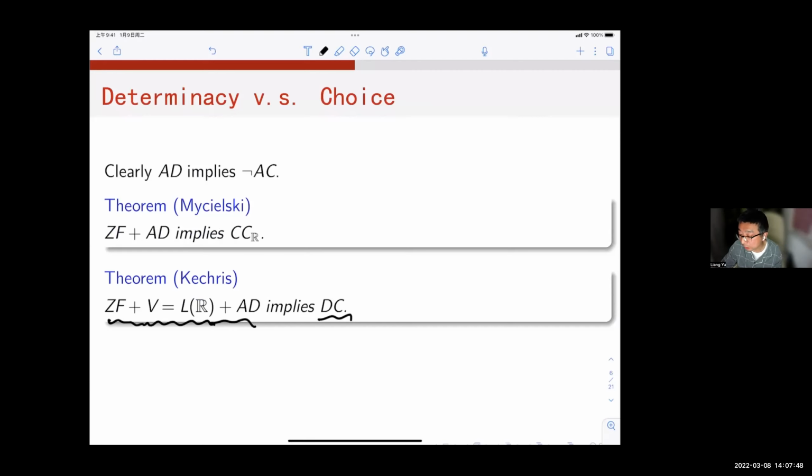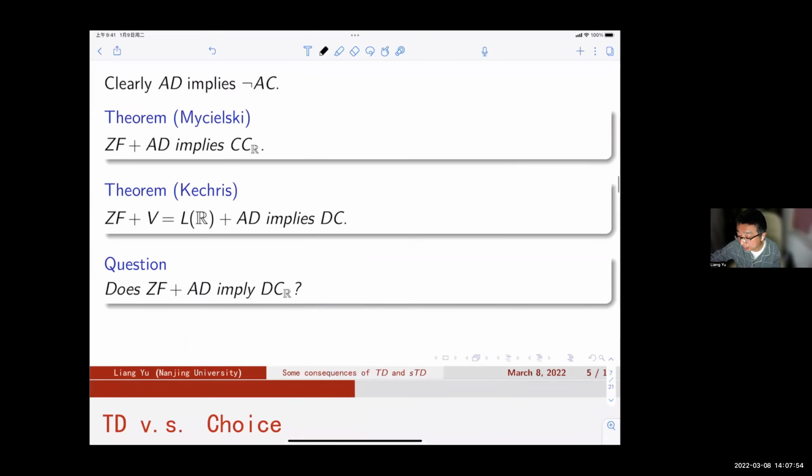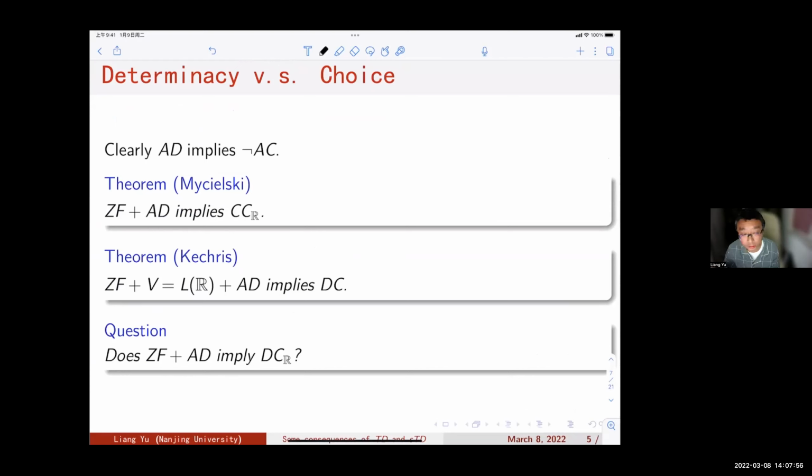So this is the relation between AD and DC. But the long-standing question in set theory is whether ZF plus AD implies DC_R. We don't know.